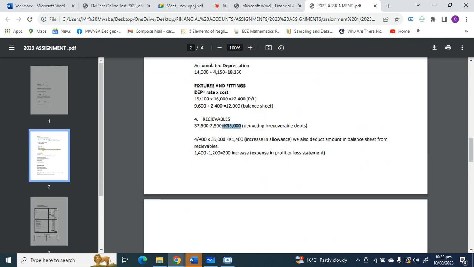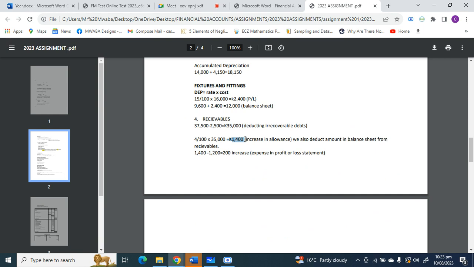You get 4% of 35,000, because this is the remaining amount for the receivables, which is 1,400. So this year we're expecting not to get 1,400. At the beginning of the year, we were expecting not to get 1,200, but now we're expecting not to get 1,400, which means there's an increase in our allowance.